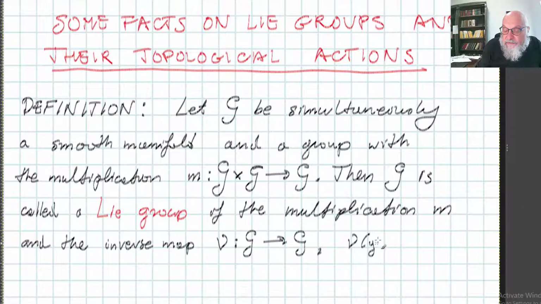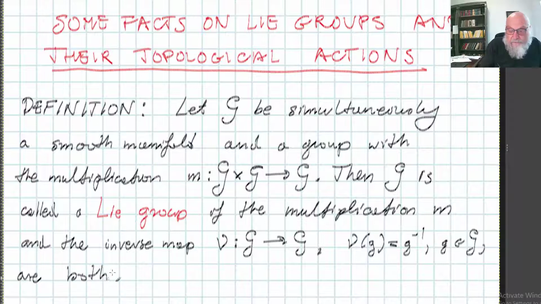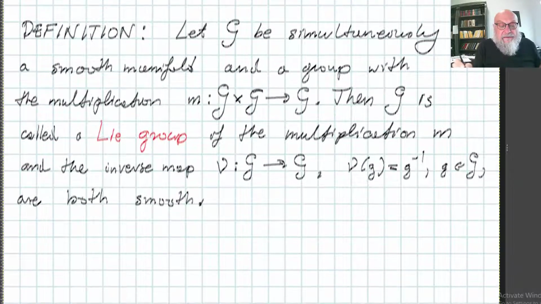So for g in G, it will be exactly g to the minus 1. Both are smooth, infinitely differentiable. So that's our definition.